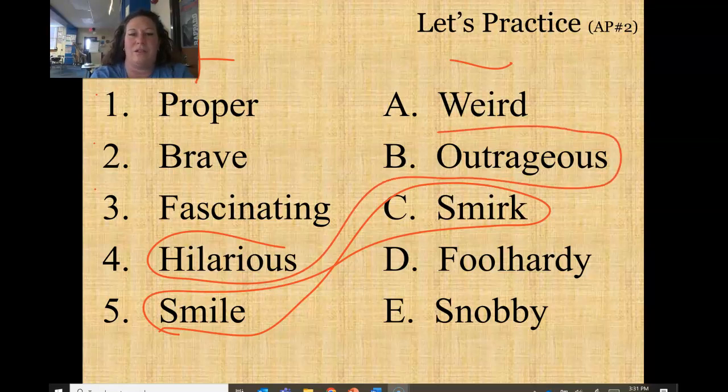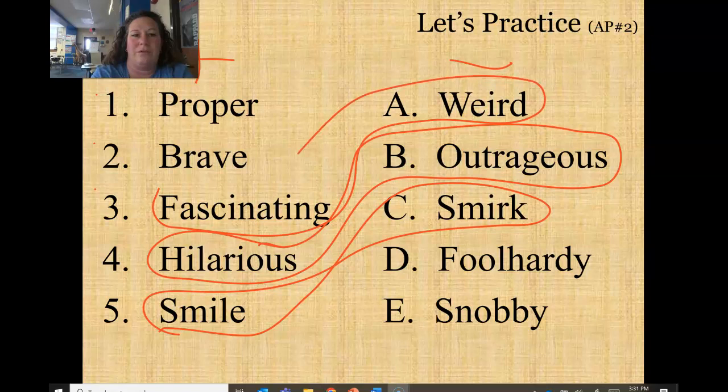So I'm going to match that up with outrageous. Now, I'm kind of looking at it and I have number 3 says fascinating. Sometimes what some people call fascinating, other people consider to be weird. So 3 goes to A.